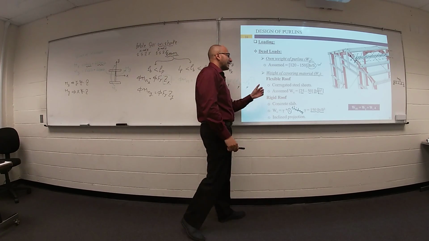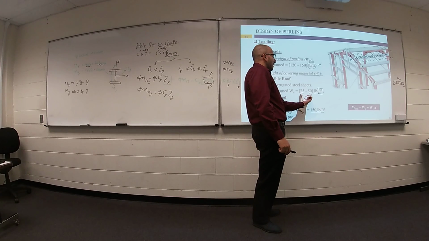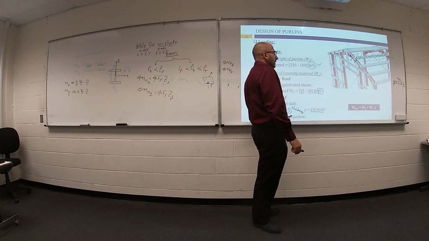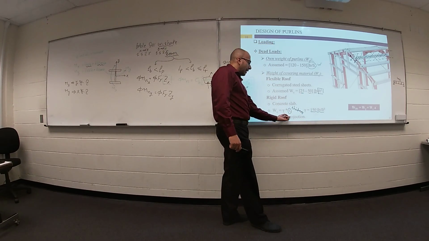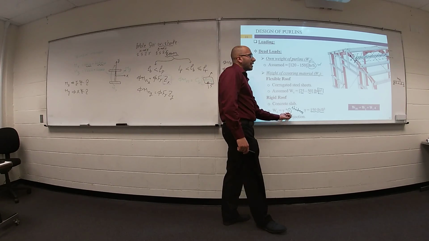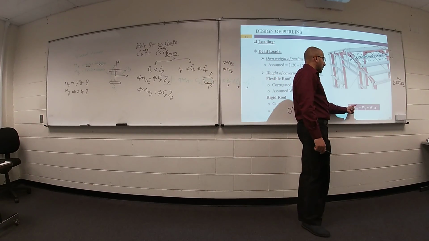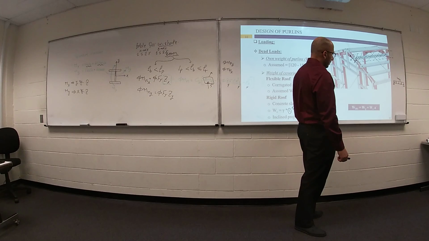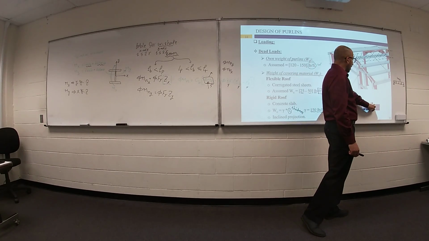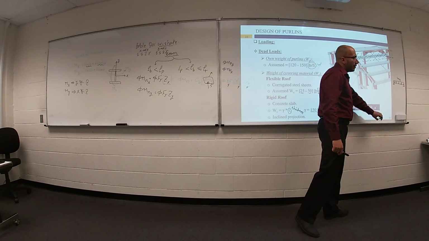If you have corrugated steel sheet, assume something in between. If you have concrete slab, get your value by multiplying gamma times t_s. Then your W dead load equals your own weight plus your covering weight times A prime.